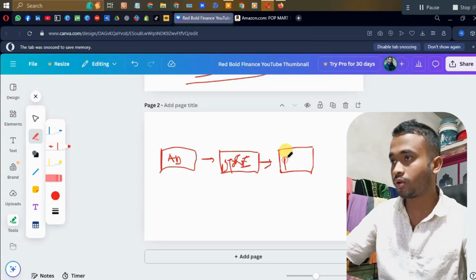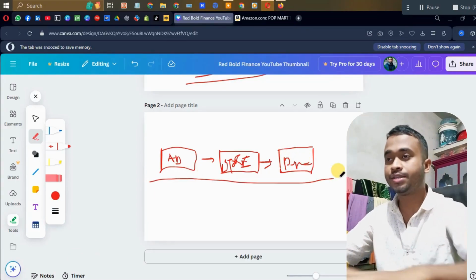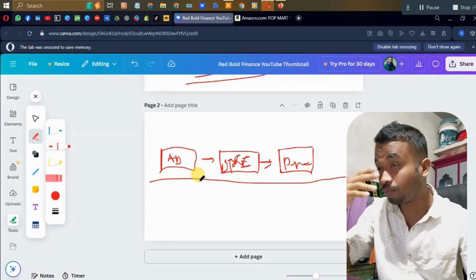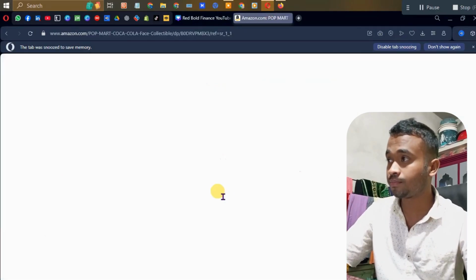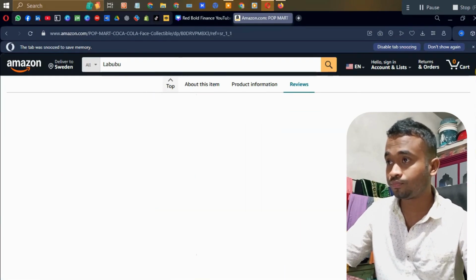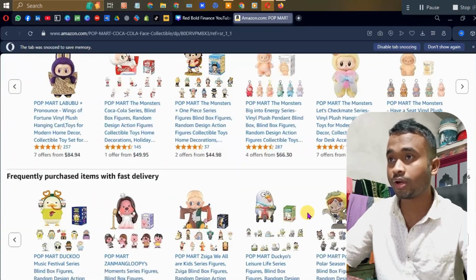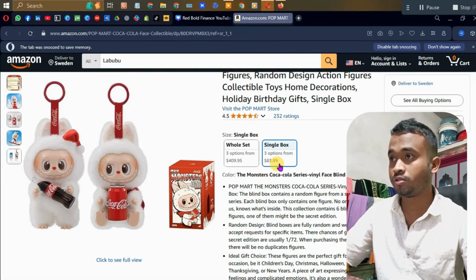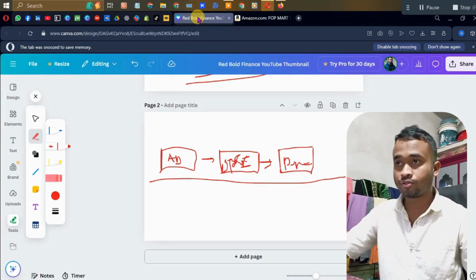So this is a simple fundamental of marketing, and we should focus on some important things about the product cost. For example, Amazon's product cost here is $84, $49, and this one is $83, single box. So we will give a much lower price.